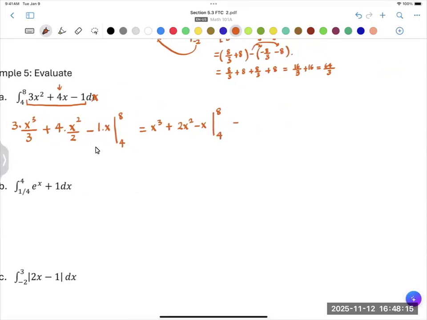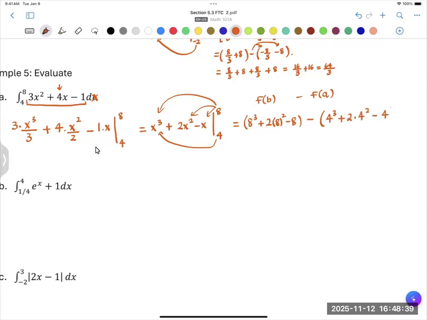And we're going to do F(b) minus F(a). So we put in 8 cubed plus 2 times 8 squared minus 8, and then minus 4 cubed plus 2 times 4 squared minus 4.